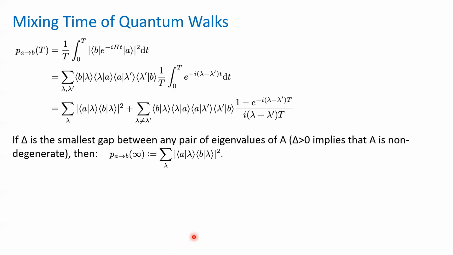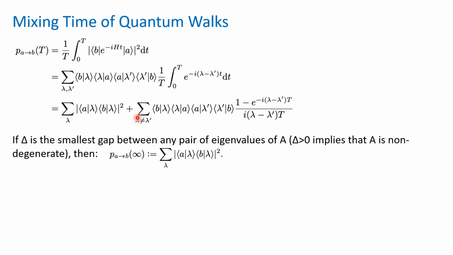Furthermore, for such a form, we are making a slightly stronger assumption on the spectrum of the matrix A here. Basically, we assume this matrix is non-degenerate, which means that any eigenvalue does not have multiplicity, and we also have delta to be the smallest gap between any pair of the eigenvalues.